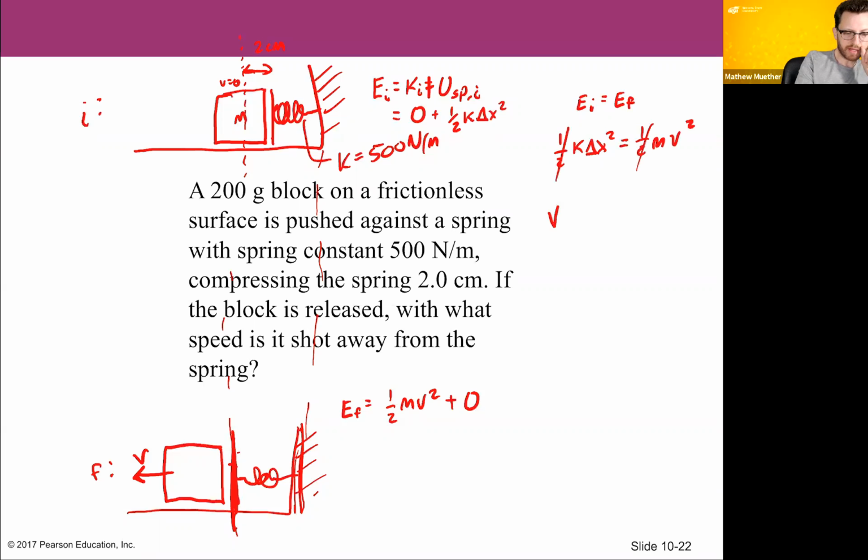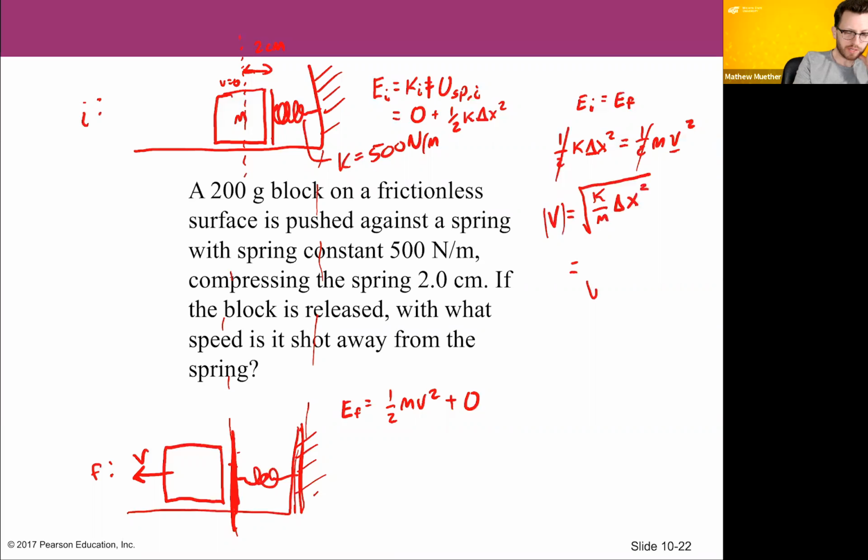So I end up with the final speed, not the velocity, because we don't know the direction here; we can only find information about the speed. The final speed is equal to the square root of k divided by m times delta x squared.